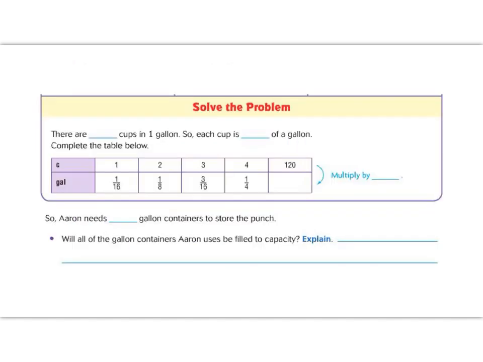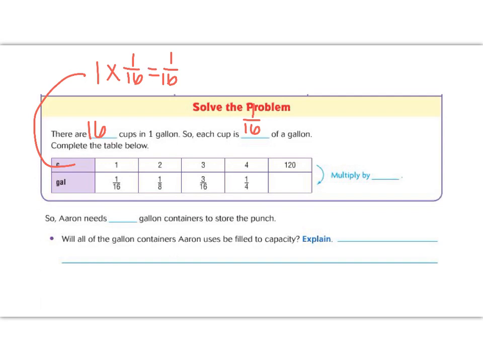All right, solve the problem. We know that there are 16 cups in 1 gallon. So that must mean that each cup is 1/16 of a gallon. And in order to figure out 1 cup, we could call 1 cup 1 times 1/16, which would give us 1/16.